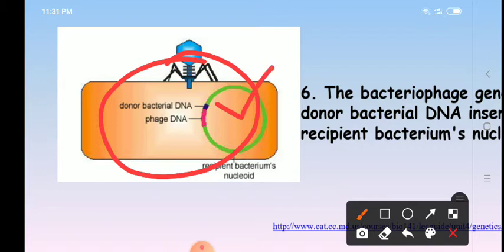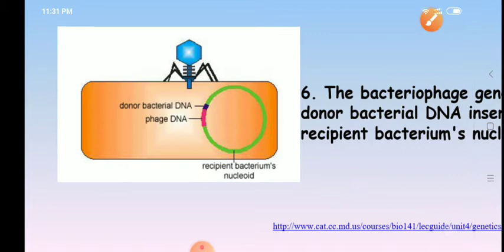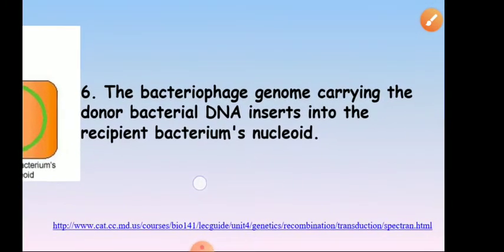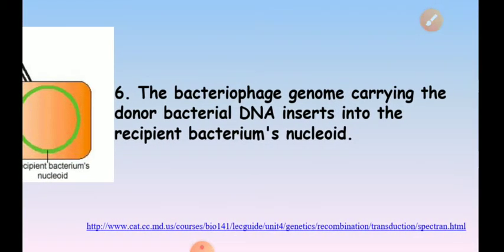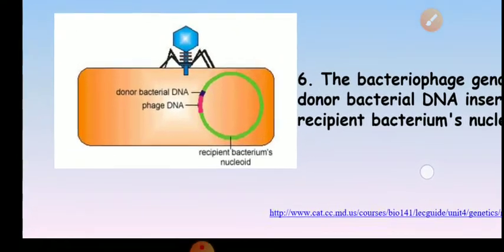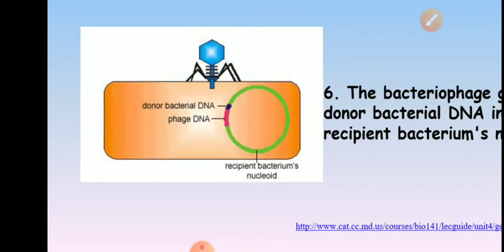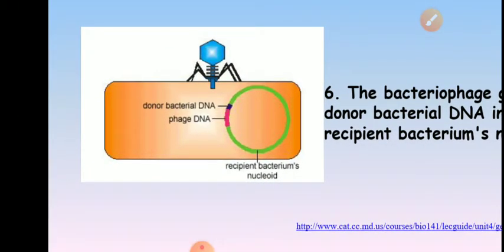So the efficiency of transduction or recombination by specialized transduction is very high. The sixth diagram shows that the bacteriophage genome carrying donor bacterial DNA inserts inside the recipient genome, and the recipient cell undergoes transduction.